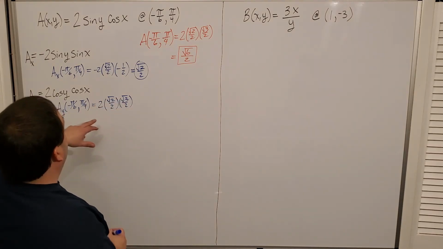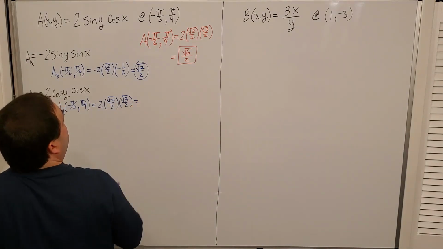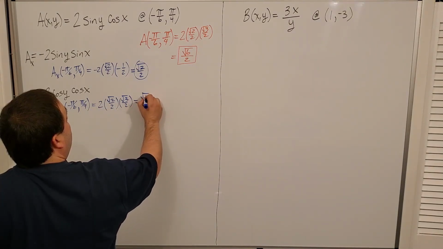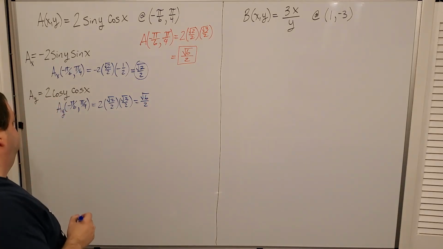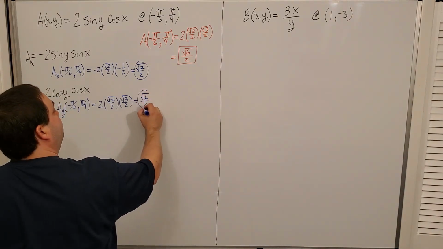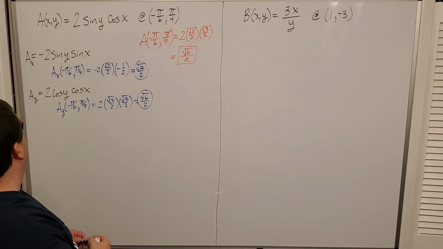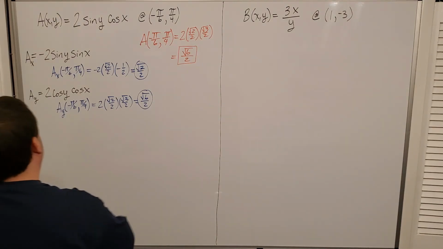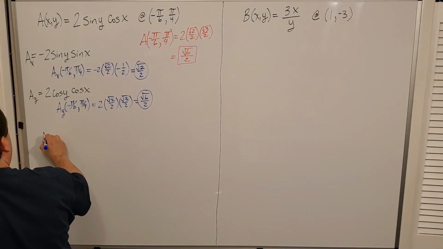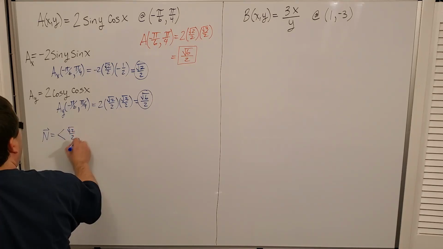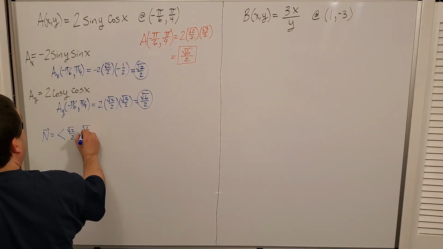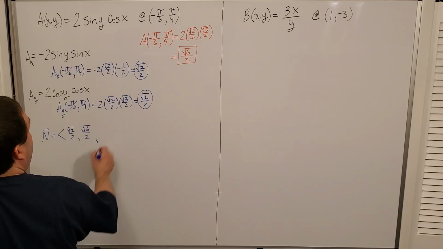So I'm ending up with something very similar to my function value, square root of 6 over 2. Nice. All right, so then I need to put together my normal vector. My normal vector is going to be square root of 2 over 2, square root of 6 over 2, and negative 1.